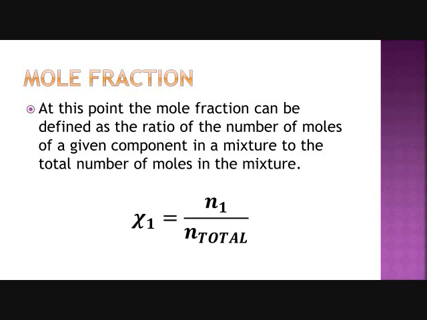The best way to think about a mole fraction is it's like a percentage without multiplying by 100, basically. So whatever the mole fraction is supposed to be about, you put those moles on top, and then the total moles for the whole thing on the bottom.